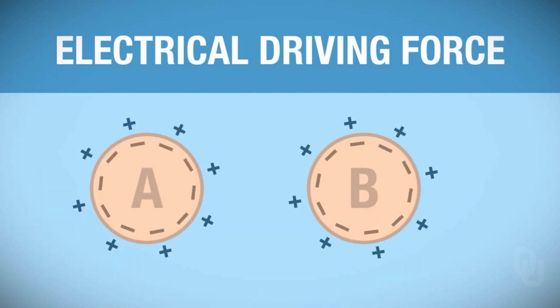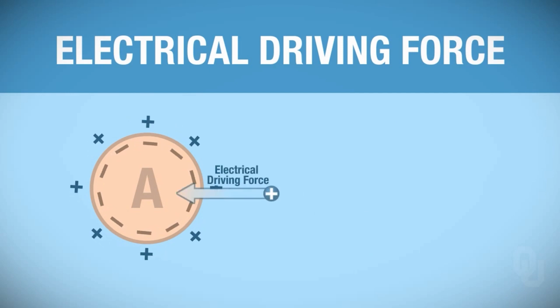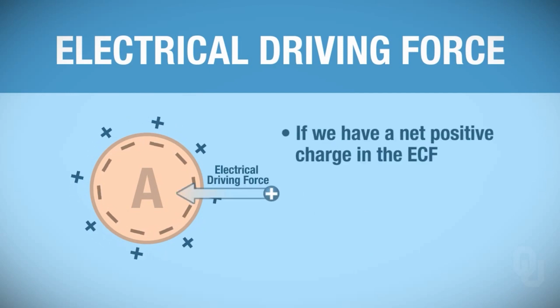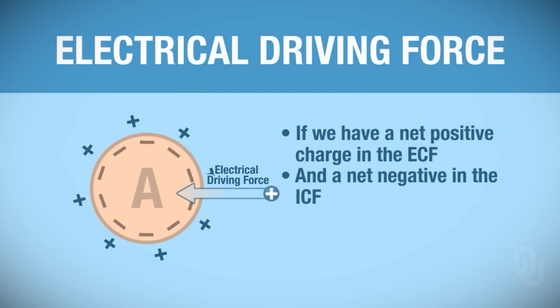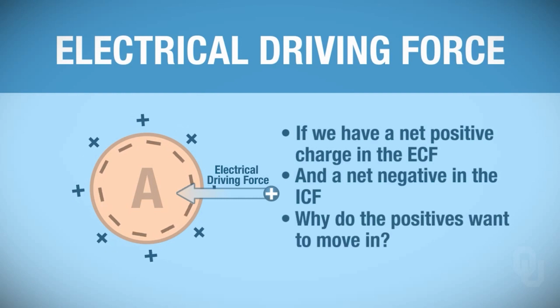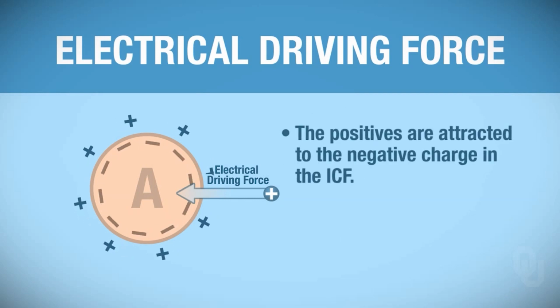We focus on the letter A. So electrical driving force, if we have a net positive charge in this ECF and a net negative in the ICF, why do the positives want to move in? The positives are attracted to the negative charge in the ICF.